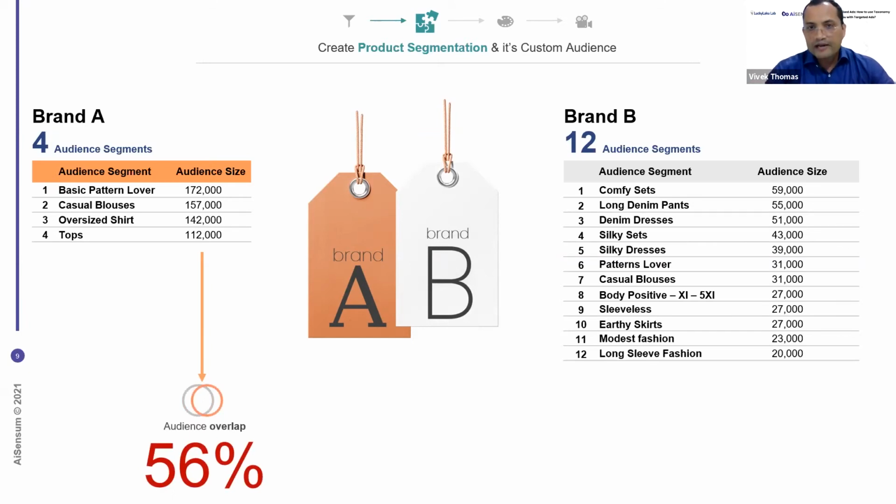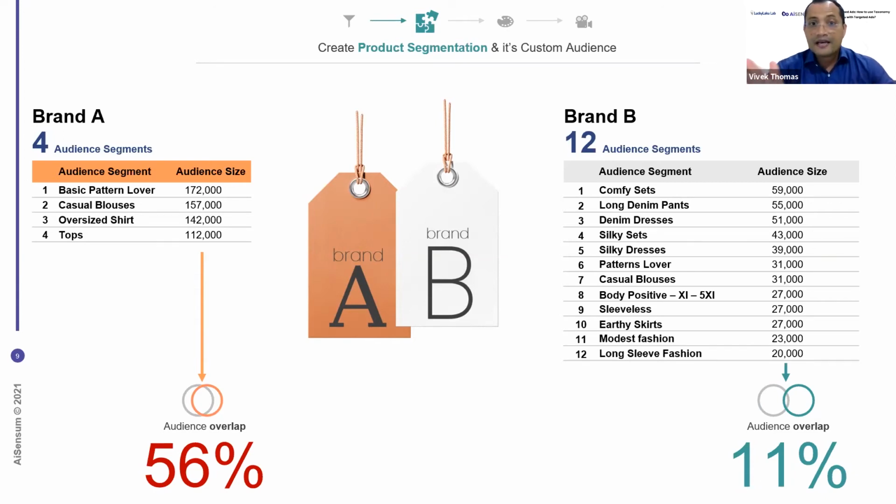If you look at both brand A and brand B, you will see that in the case of brand A, you have a higher audience overlap because, of course, people use multiple products, right? And in the case of brand B, you have far less audience overlap.